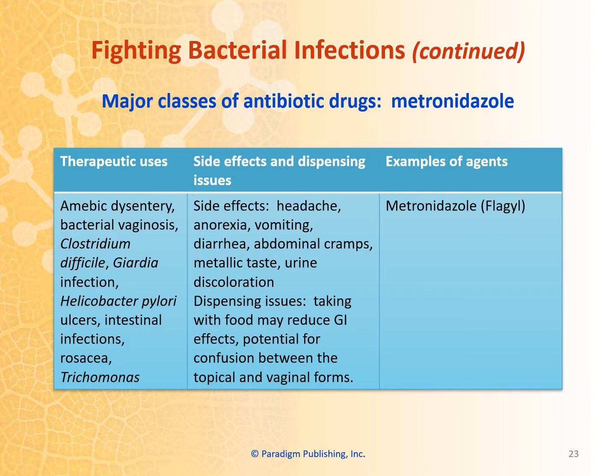Metronidazole. It's used to treat amoebic dysentery, bacterial vaginosis, H. pylori. There's several that are listed there. It can have some pretty nasty side effects too, including headache, anorexia, vomiting.